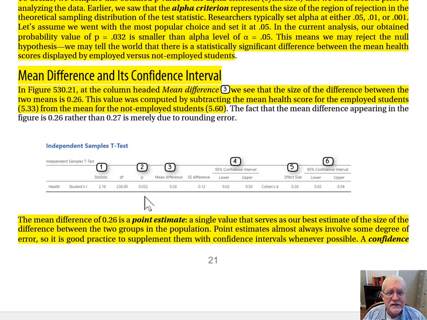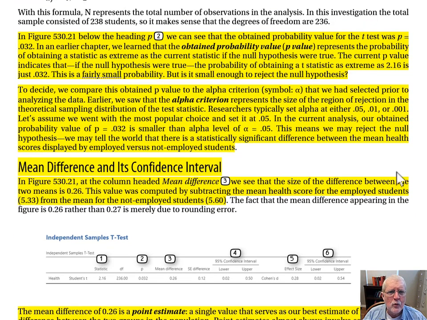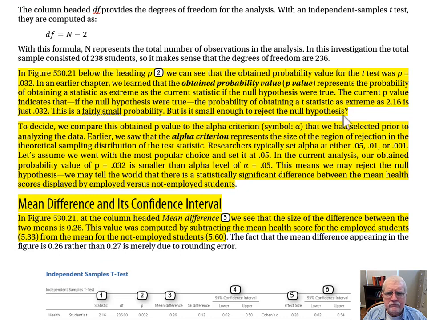A probability of just 3%. But is it small enough for us to reject the null hypothesis? Let's go up to where we left off. I'm still on page 21. The current p-value indicates if the null hypothesis were true, the probability of obtaining a t-statistic of 2.16 is just 0.032. It's a small probability, but is it small enough to reject the null?